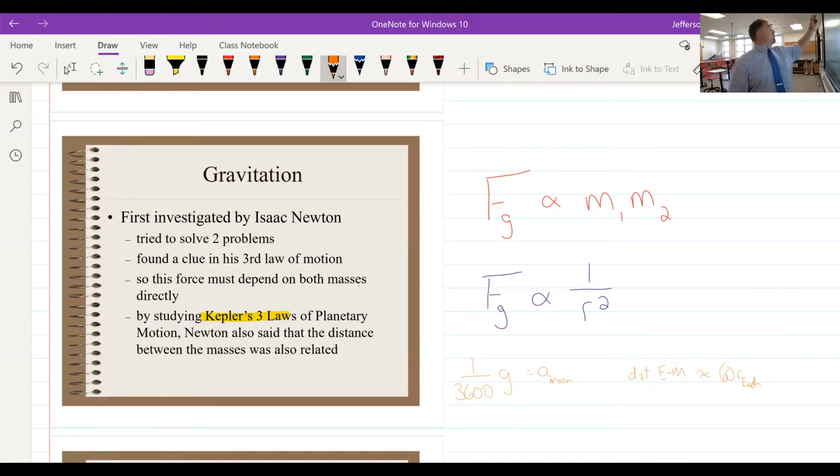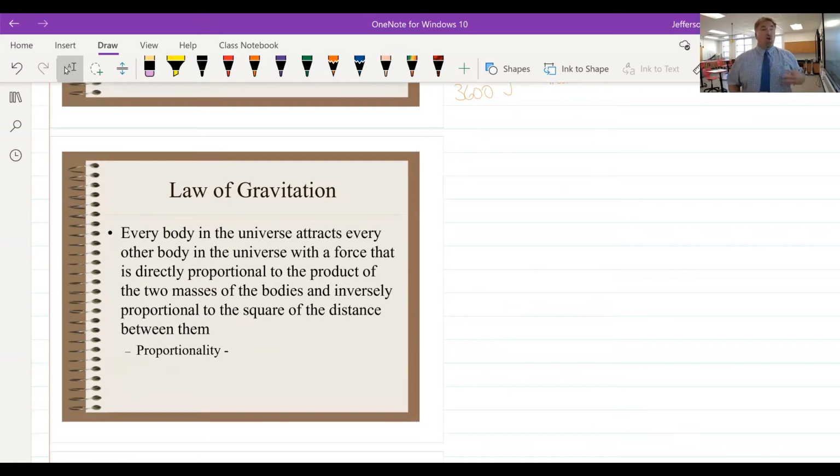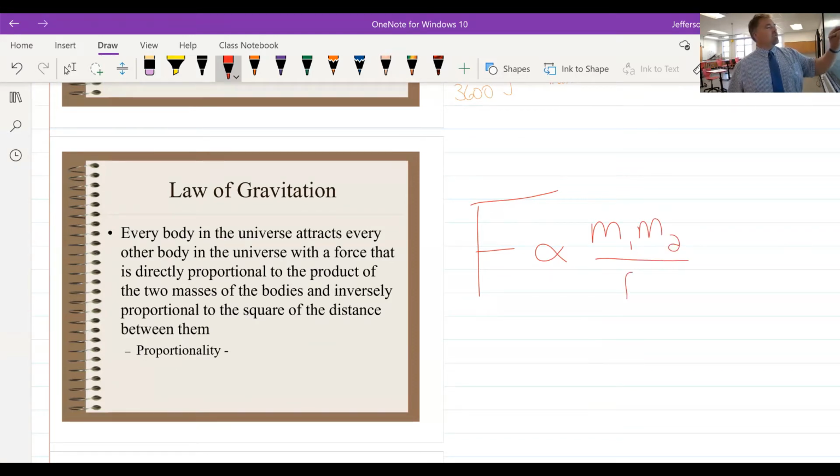From these two things, he was able to develop his law of gravitation, which states that the force due to gravity between two objects is directly proportional to the product of the masses and inversely proportional to the square of the distance between them.